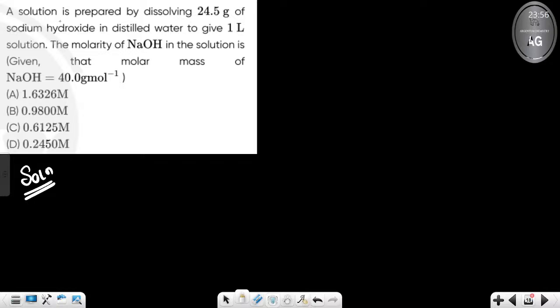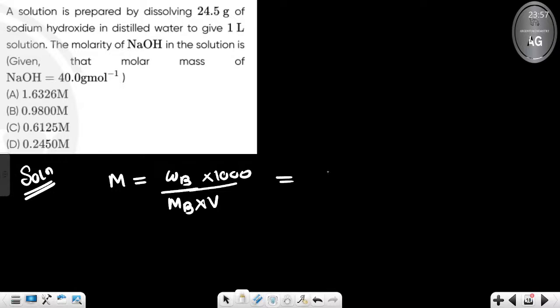A solution is prepared by dissolving 24.5 gram of sodium hydroxide in distilled water to give 1 liter solution. Very good. What is the molarity of NaOH solution? Molarity equals given weight by molecular weight into volume into 1000.